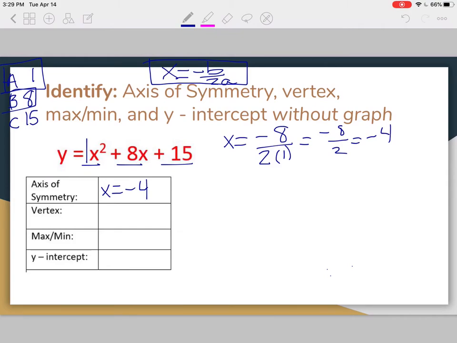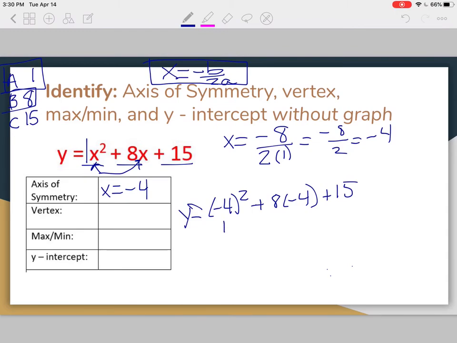To find the vertex, you're going to take negative 4, so this answer, and if x is negative 4, that means I'm going to plug it into both of these x's and solve it. So to find my vertex, I'm going to take my function and do negative 4 squared plus 8 times negative 4 plus 15.